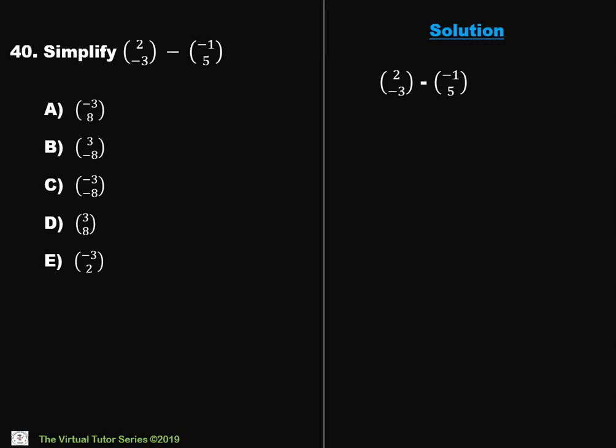Negative negative is positive. Therefore, we have 2 plus 1, -3 minus 5. 2 plus 1 is 3, and -3 minus 5 is -8. So we have the vector (3, -8). Therefore, option B is the correct answer.